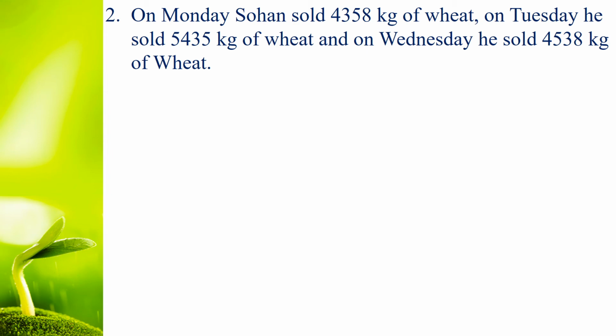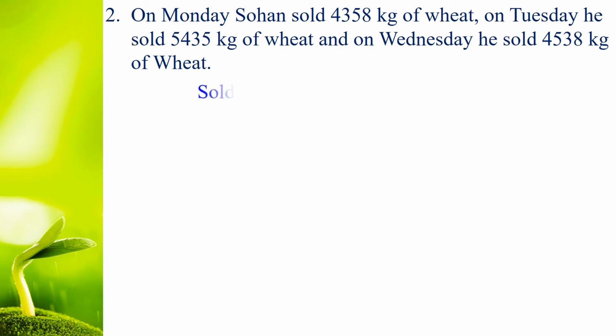Second problem. On Monday, Sohan sold 4,358 kg of wheat. On Tuesday, he sold 5,435 kg of wheat. And on Wednesday, he sold 4,538 kg of wheat.